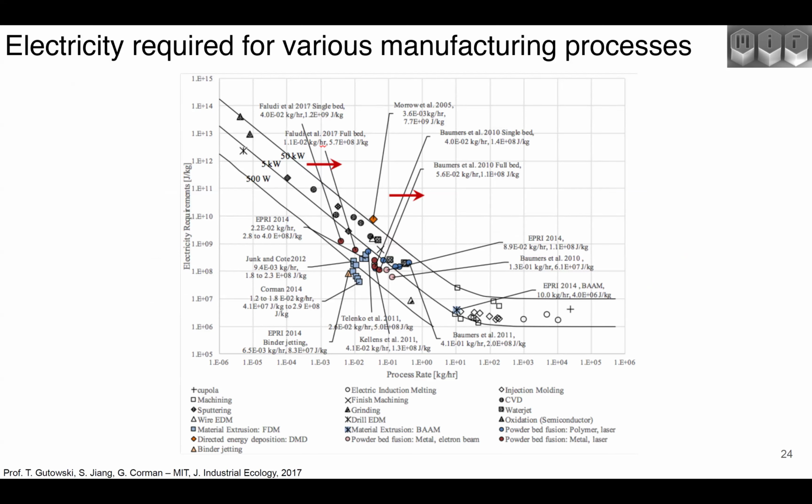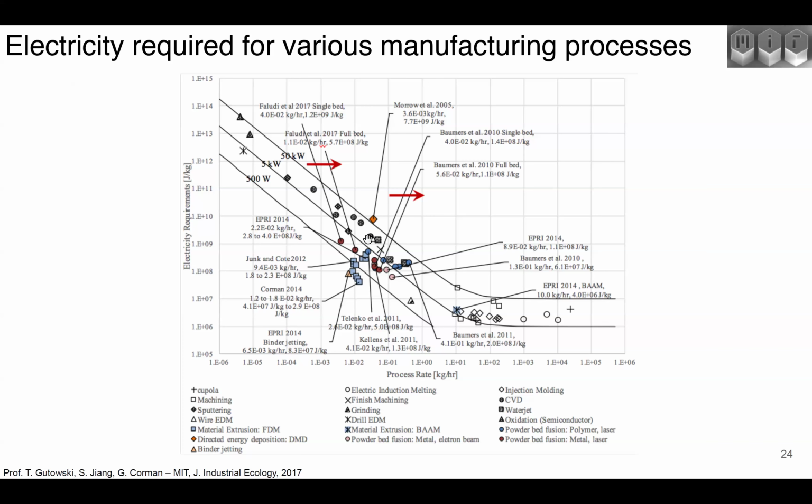That said, if you are sensitive to your energy consumption, you should know that additive is very energy intensive. This is modeling the electrical requirements on the y-axis relative to the machine throughput on the x-axis. So down here, the bottom right, would be the sweet spot process, using the least amount of energy and making the most parts.